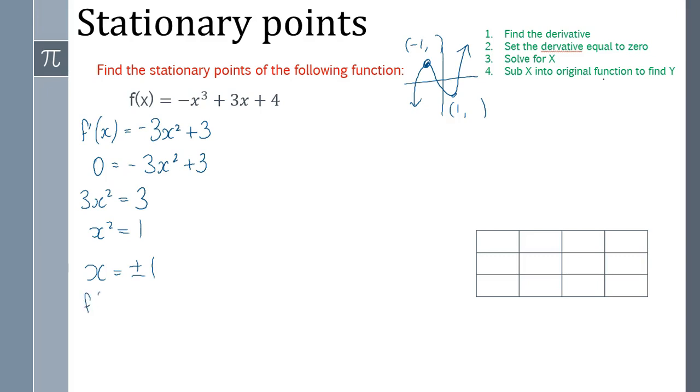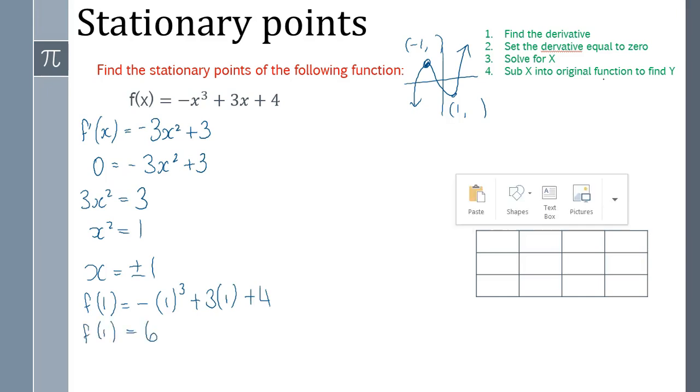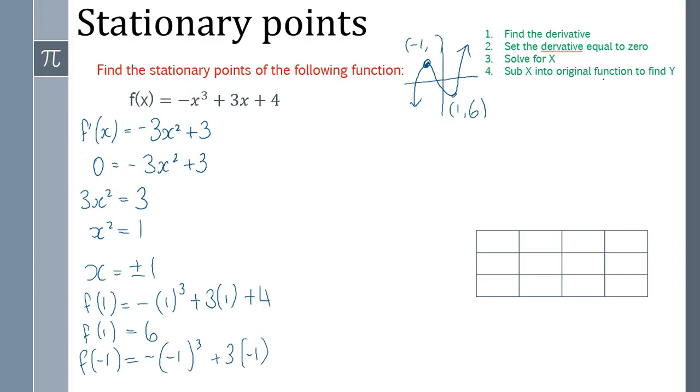So we're going to find f of 1. Remember, back into the original function. So that would be 6. Okay, so that's a point there. And with -1, -1 cubed is -1.